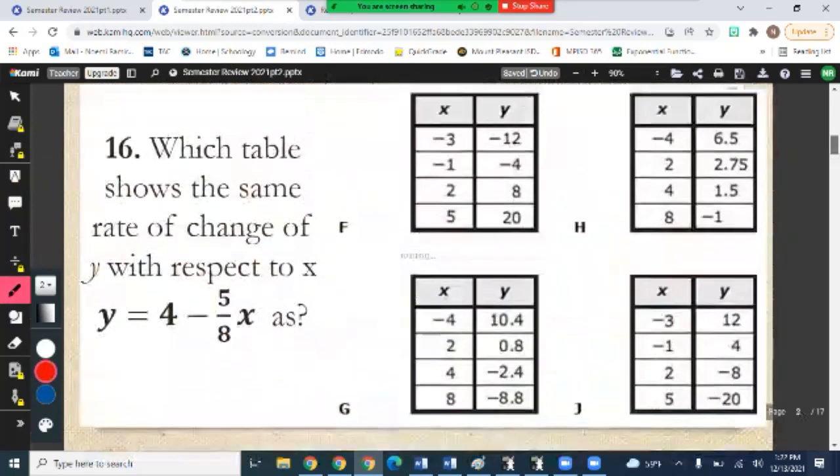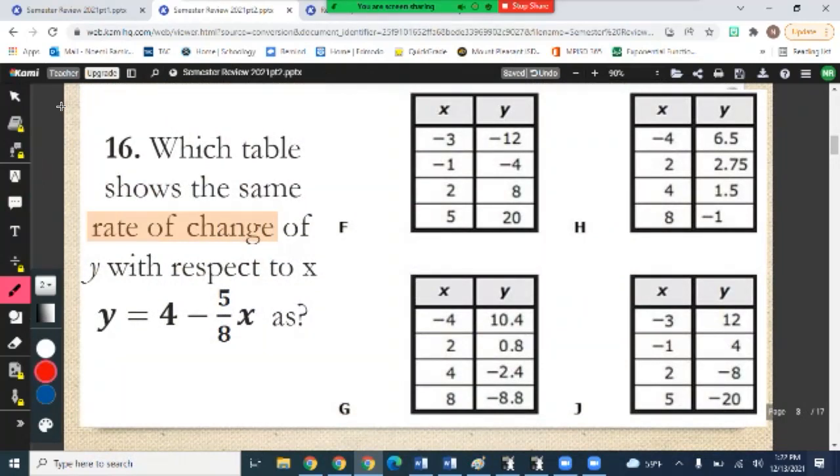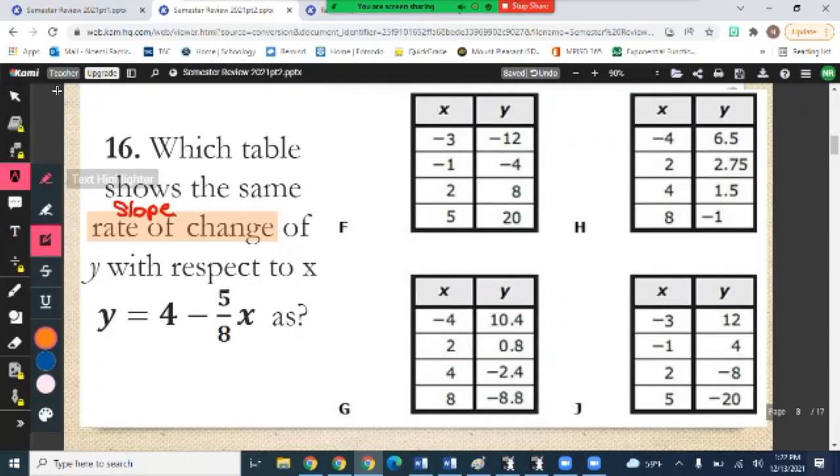Next one, 16. On your packet, all you had to do was find the what? What is the rate of change? Rate of change for the millionth time is what? Another word for slope. Now you got lucky. You have an equation that is already solved. So what is the slope of that line?